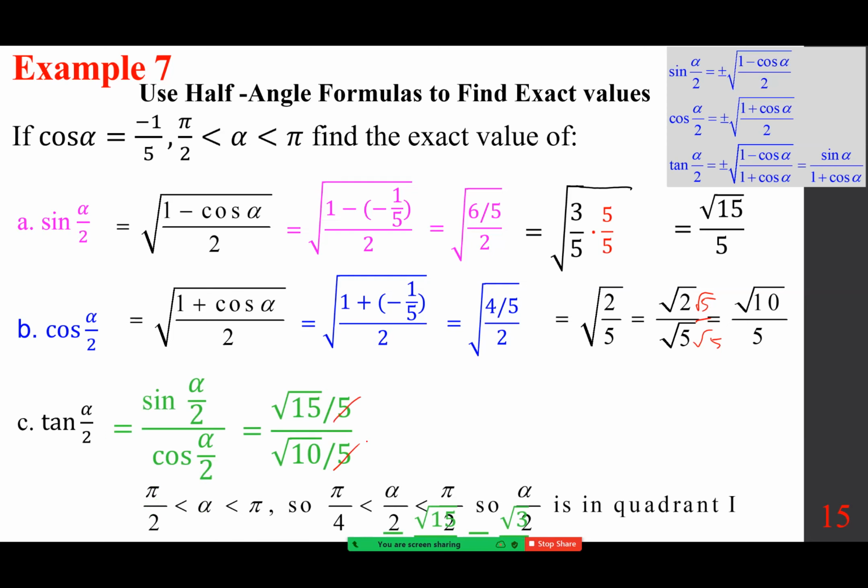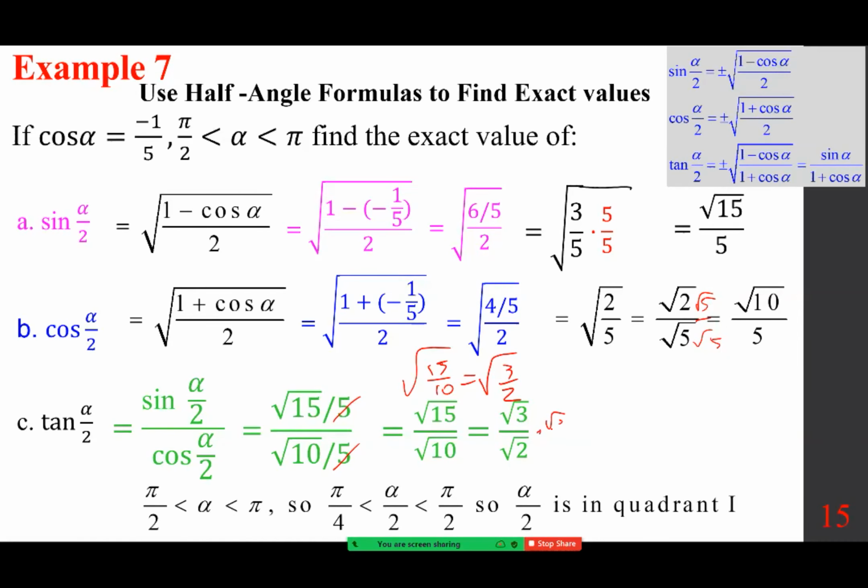Square root of 15 over square root of 10, we can divide the top and the bottom by 5. Inside the radical becomes square root of 3 over 2. You can do that, right? This is like this, which is like this. And then I'm going to multiply this by square root of 2 over square root of 2. And I get square root of 6 over 2 as the final answer because it's rationalized.